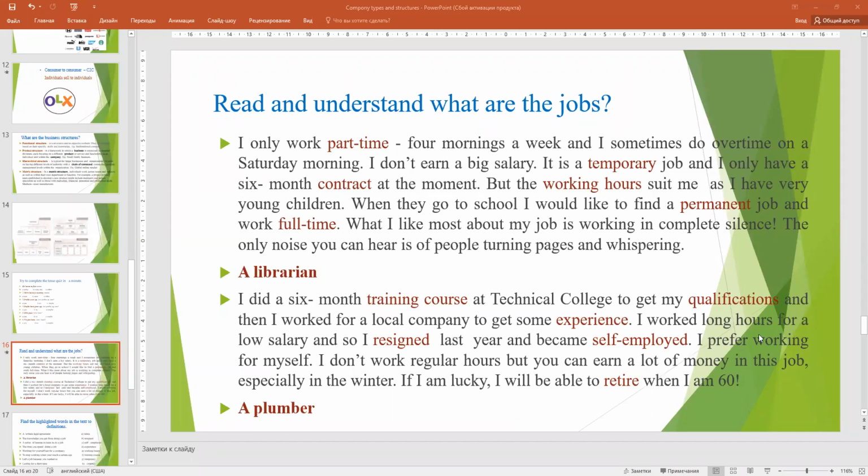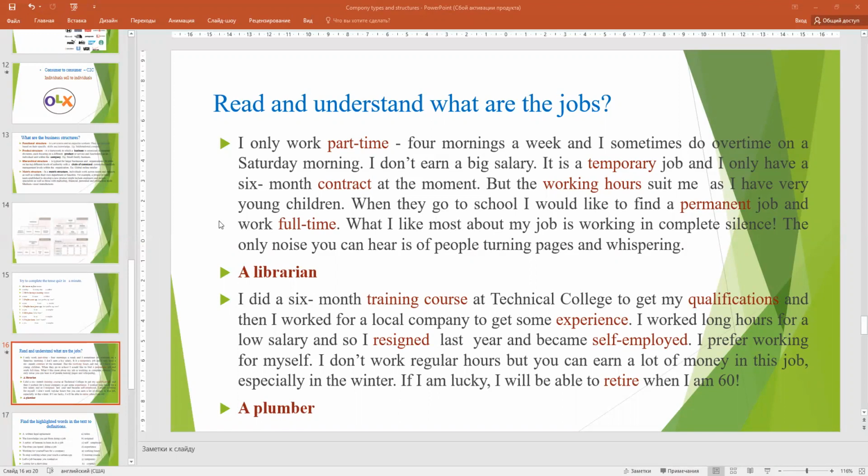Okay, have you finished? What is the job title for the first one? I work part-time. Librarian. And what about the second one? The second one is plumber, yes?